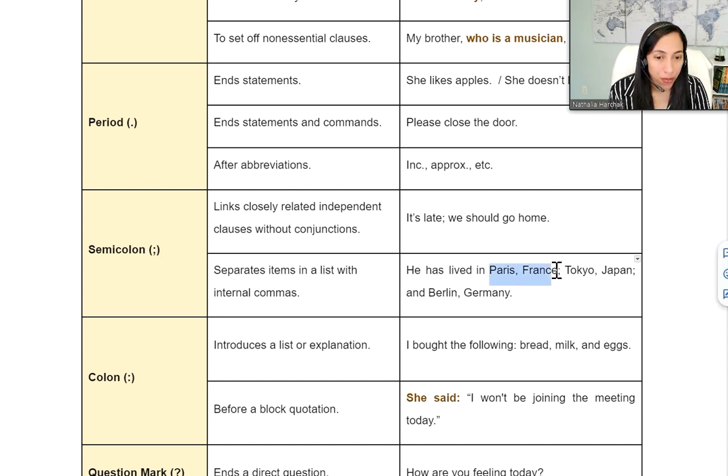No. So Paris in France, that's a block of information. Then Tokyo in Japan, so that's another block of information. And then finally, Berlin, Germany. So then we have this block of information. Does it make sense? So it's used to separate items in a list with internal commas.